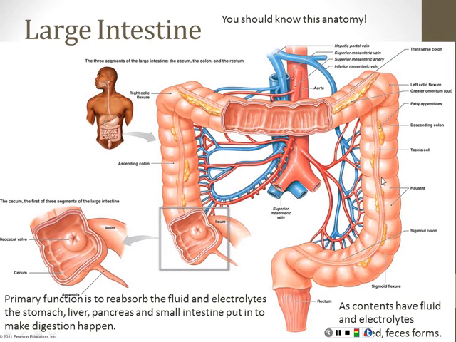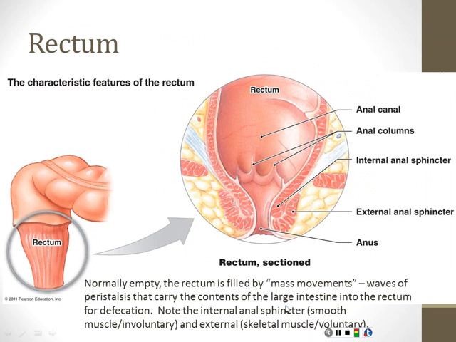So it sort of shuffles all this material in one direction. And then at the end here, the sigmoid colon, in response to a mass movement, all the contents of it will appear in the rectum, and then we have the defecation reflex that's triggered. All right, so the rectum is normally smooth, two sphincters, internal, which is involuntary, and external, which is voluntary. So more on that in a minute.